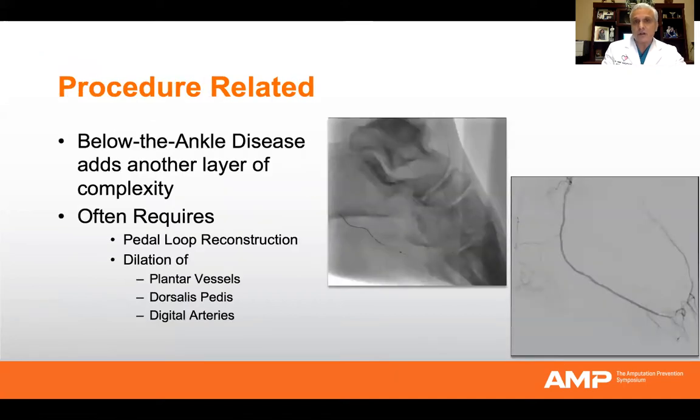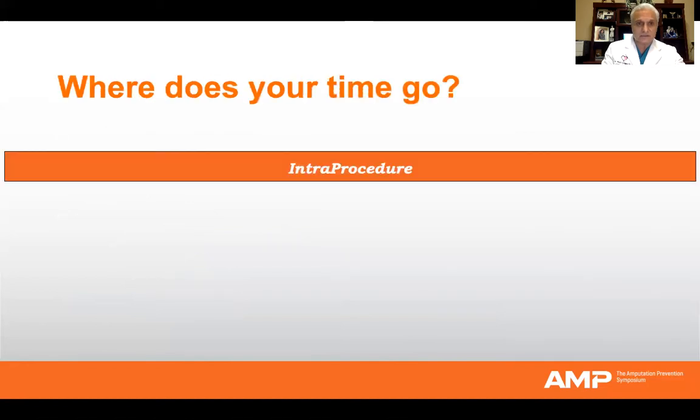Again, we go all the way down to below-the-ankle disease, because the target organ is the foot. So we end up doing interventions to the plantar vessels, dorsalis pedis, pedal loop. Again, treating a patient with critical ischemia is much different than doing peripheral arterial interventions in a general sense.